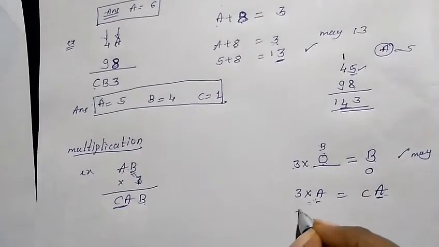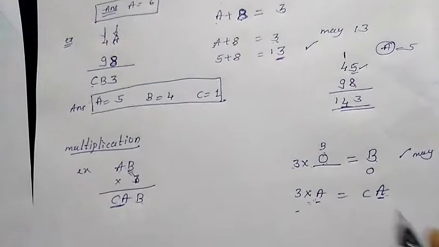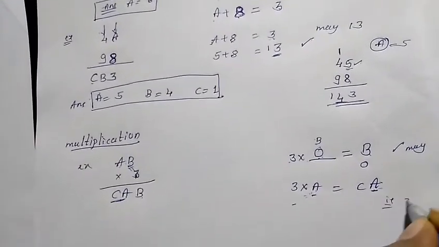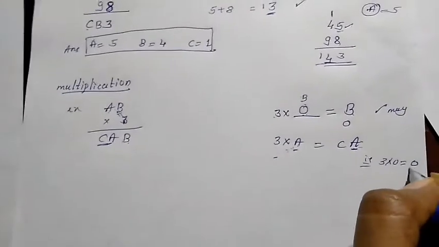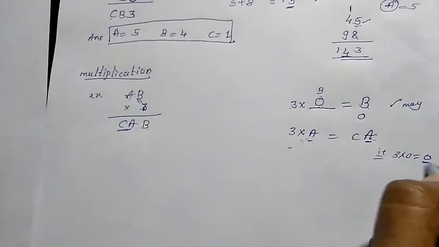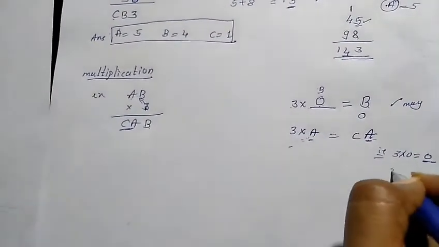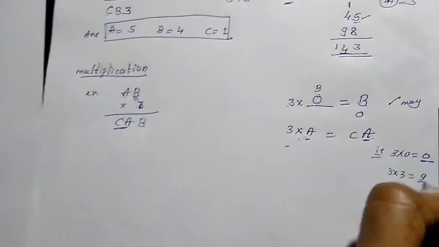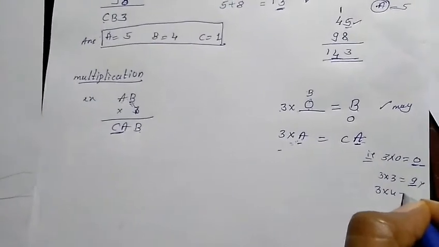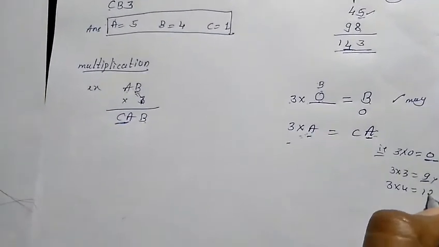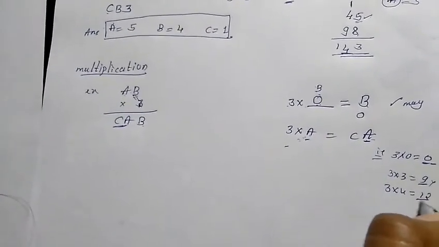If you start with the lowest number, 3 into 0 equal to 0, it is not possible because we want a two-digit number. 3 into 3 is 9, again a single digit, so not possible. 3 into 4, 4 threes are 12.